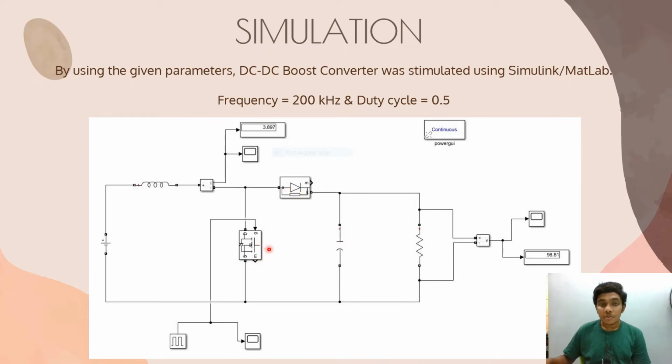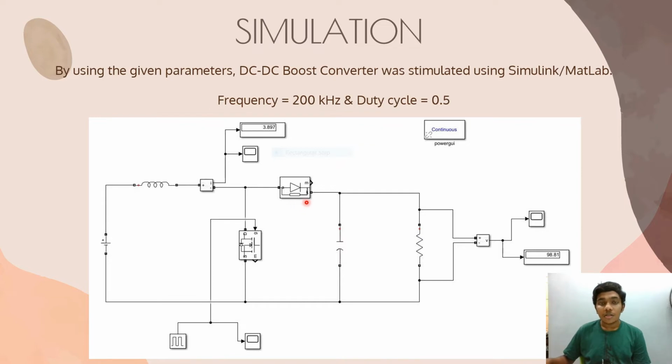And this is the MOSFET, and in order for us to get the duty cycle waveform, we need to connect the MOSFET with a pulse generator and scope to obtain the waveform.